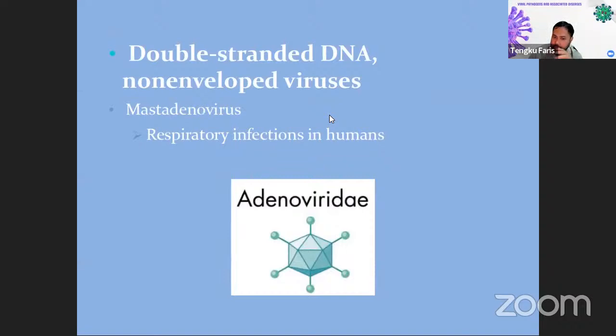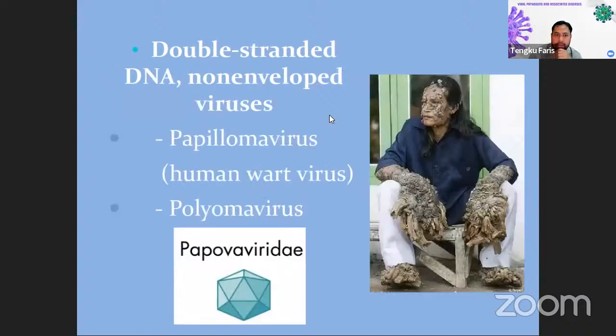Adenoviridae, viridae at the back is, as I mentioned earlier, the family name. This is the adenovirus, also classified as a double-stranded DNA non-enveloped virus, and they cause respiratory infections in humans.